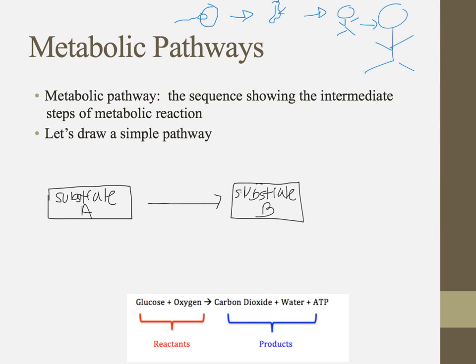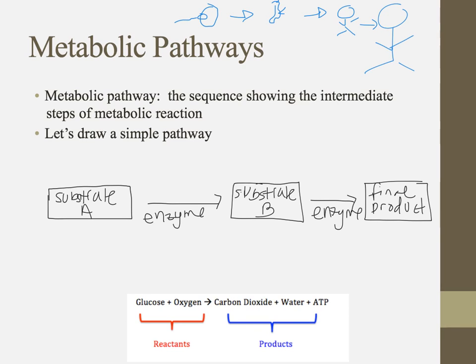Okay, and this is going to be done with, of course, the use of an enzyme. Okay, so our friends enzymes are back. And this might get turned into our final product or end product through, of course, the use of a different enzyme.